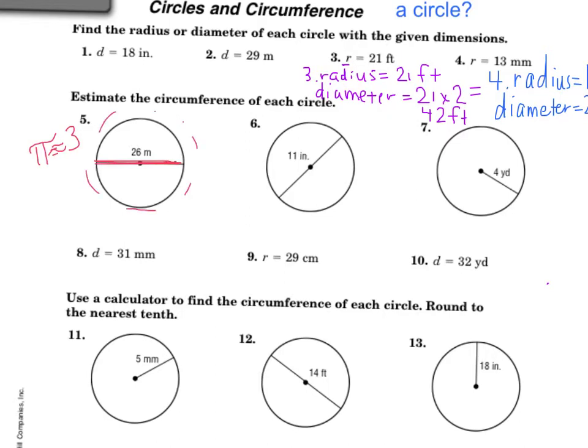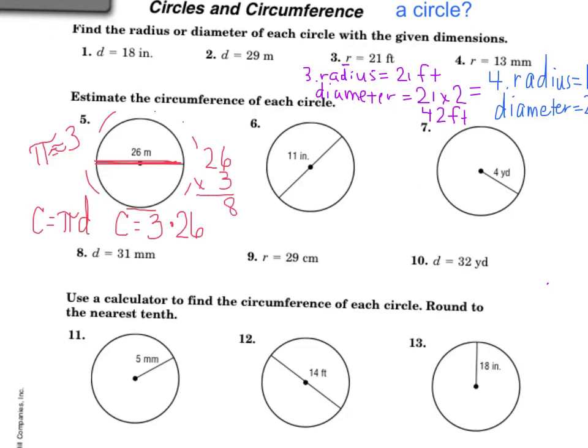Now that is an estimate, that's not exact. So your circumference is going to be pi times diameter. So in this problem, circumference equals pi times diameter. And you just multiply that out. You're going to be multiplying 3 times the diameter.